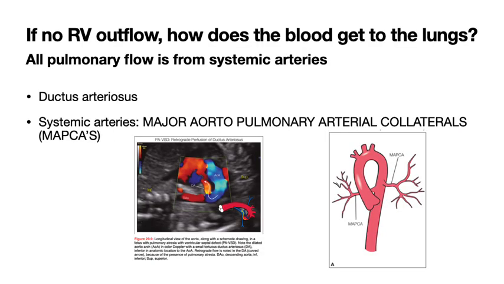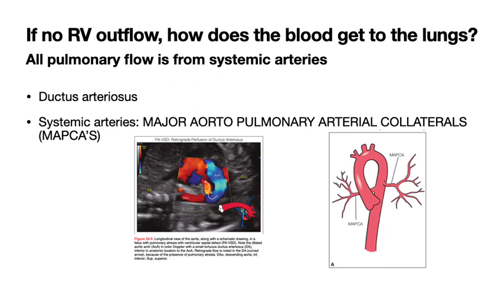All right, well, if the blood can't get out of the right ventricle, how does any blood get to the lungs? Well, these collaterals form. These little vessels just pop out of the descending aorta and start feeding the lungs. And they're called major aortopulmonary arterial collaterals.